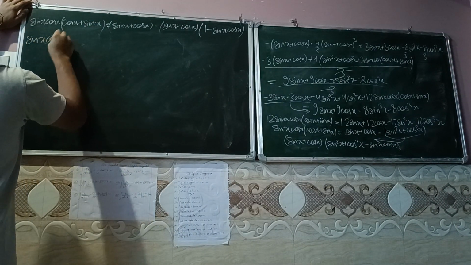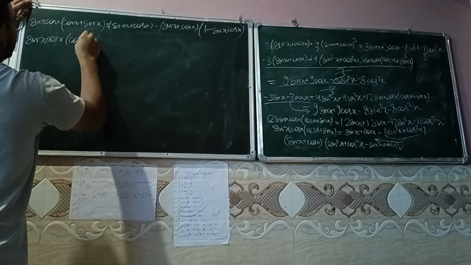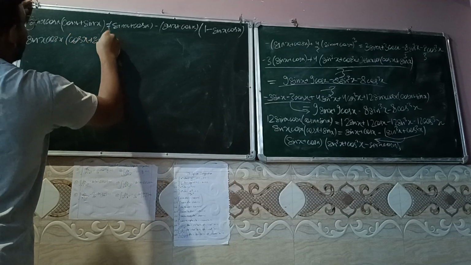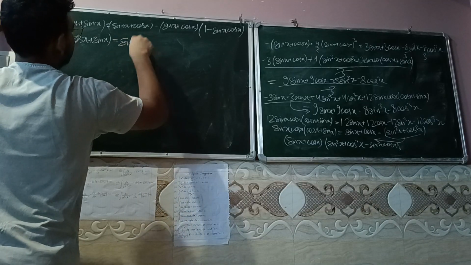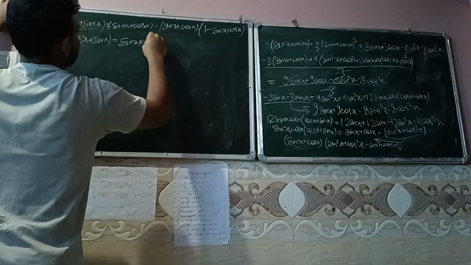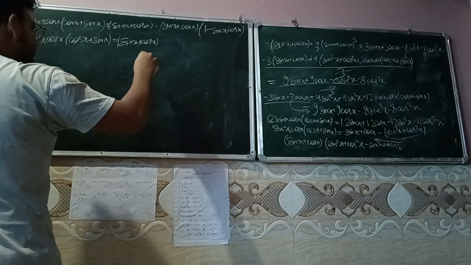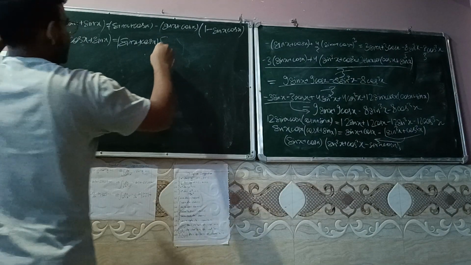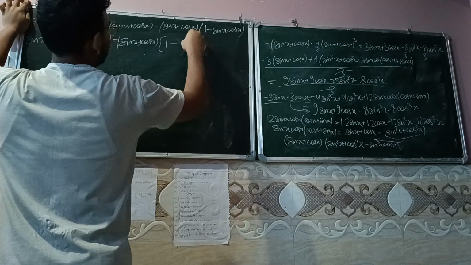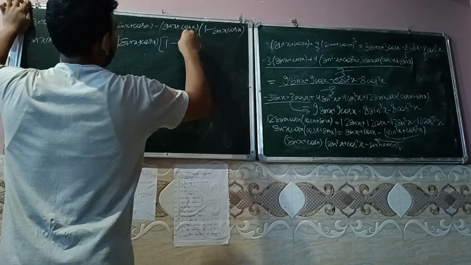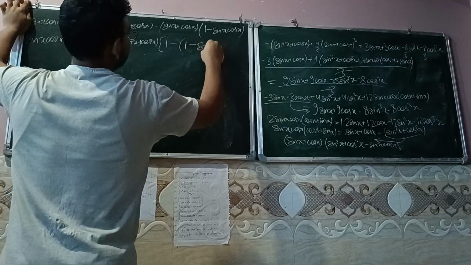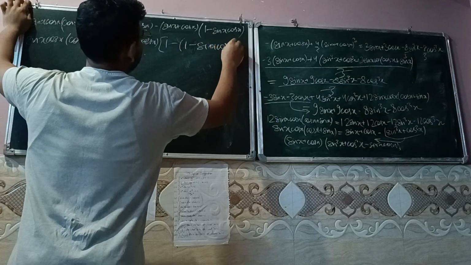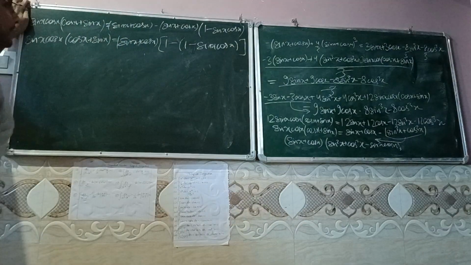Sin x cos x times cos x plus sin x equals sin x plus cos x common, 1 minus, and 1 minus 1, oh man, sin x and sin of x, right?